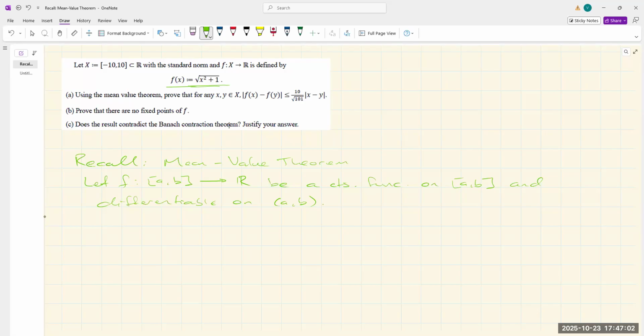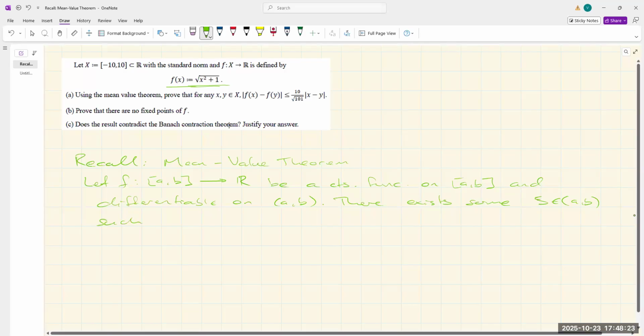The mean value theorem tells us that there exists some, let's call it xi, in the open interval (a,b), such that this equation holds, which is the derivative of f evaluated at xi is basically the mean of the function between these 2 points.